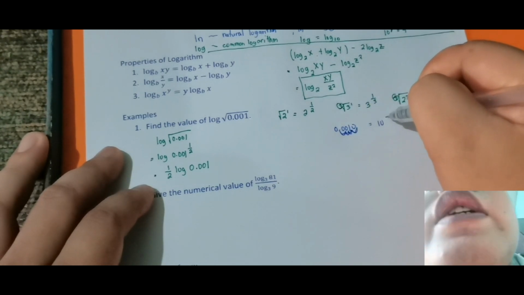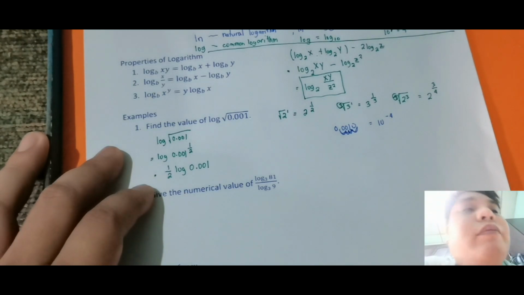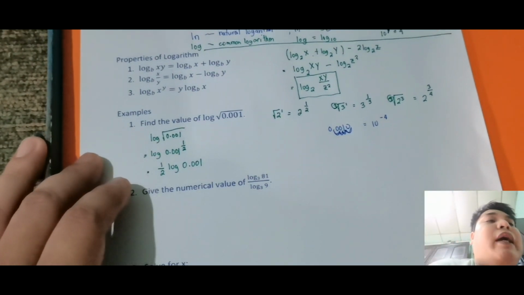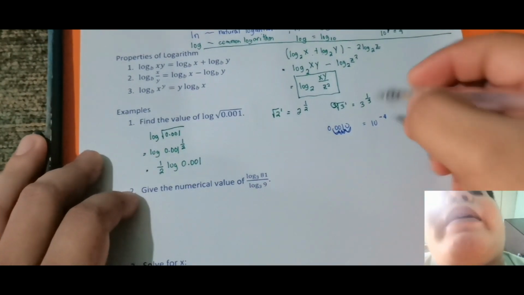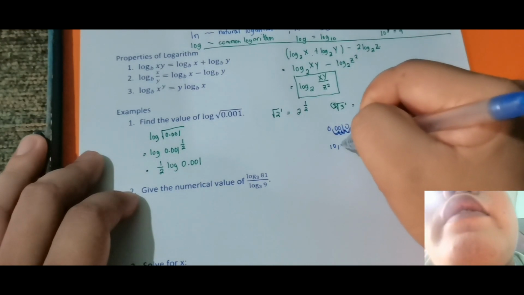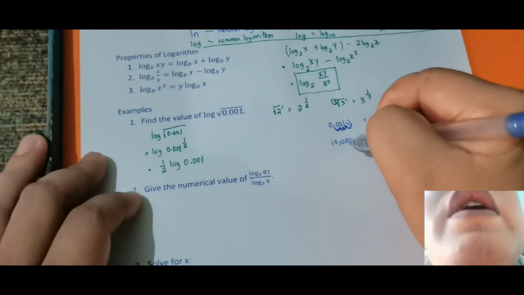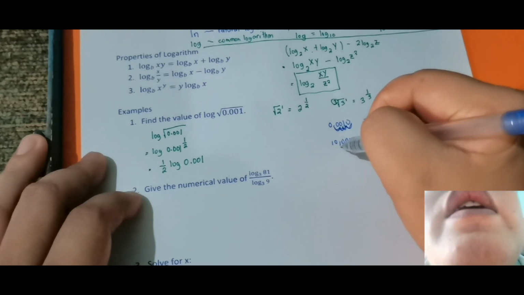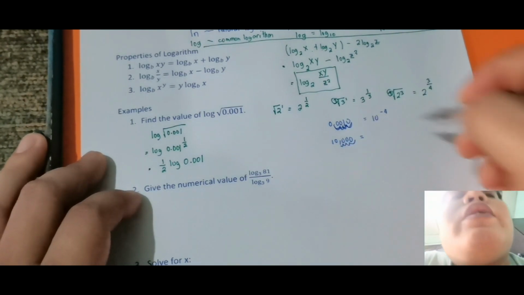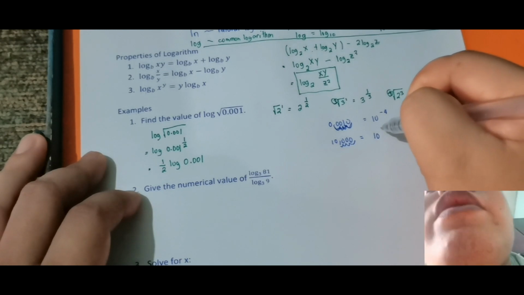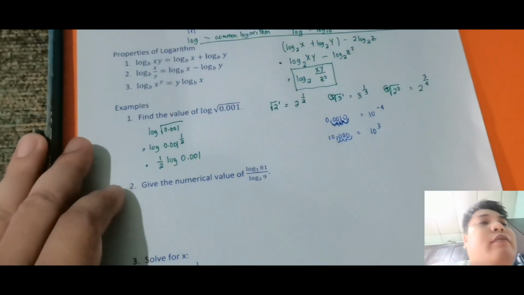So that is negative 4, pag naka-decimal. Pero pag ganito naman, kunyari 10,000, paano naman siya? Mula dito sa dulo, 1, 2, 3. Tatlo lang. So that is simply 10 raised to positive 3.